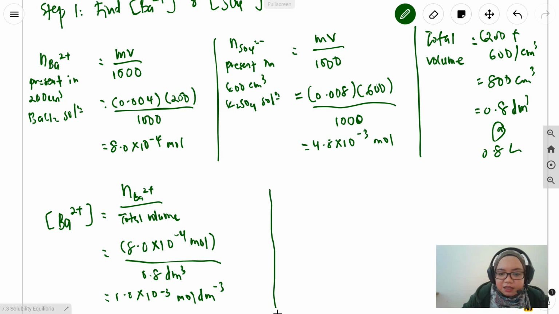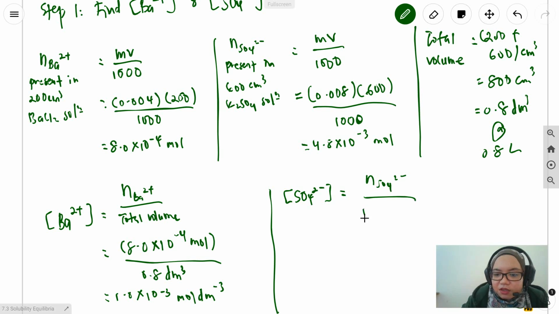Okay, next. You nak cari molarity concentration or molarity of sulfate ion. Sama juga. Concentration, number of mole of SO4 2 minus divide dengan total volume. Okay, kenapa? Sebab apa? Volume dah bertukar, dia akan effect concentration. Okay, so sebab tu kita kena cari concentration yang baru.